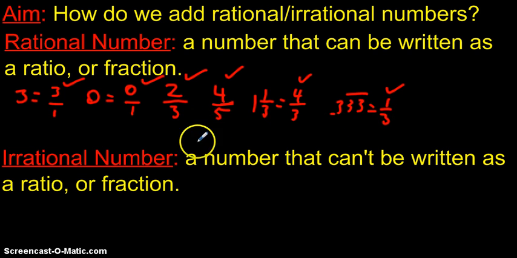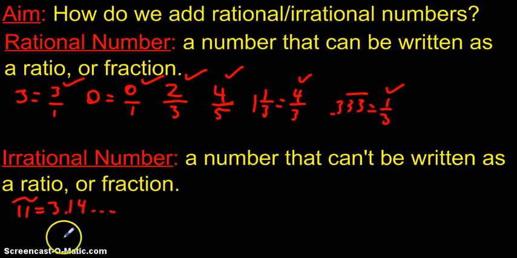So these are rational numbers, and irrational numbers are numbers that can't be written as a fraction or as a ratio. And the most famous is pi, which is a non-repeating decimal. It's 3.14, and it never repeats a pattern anywhere, so there's no way to make it into a fraction, which is what we do with repeating decimals.